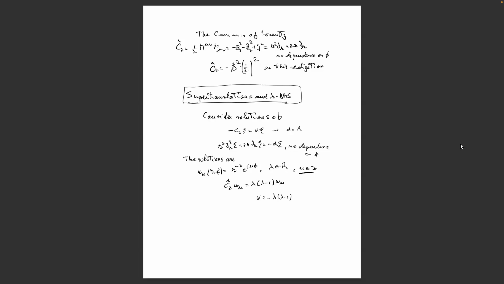And the general solution for any alpha is given by this equation here, where we have R to the minus lambda. Here is the definition of alpha. You can write it in this form, with exponential i n phi. And n belongs to the integers, and lambda is real. And this, in a certain sense, appears natural on S1. If we were in 4 dimensions, we would have S2, and the spherical harmonics would appear.